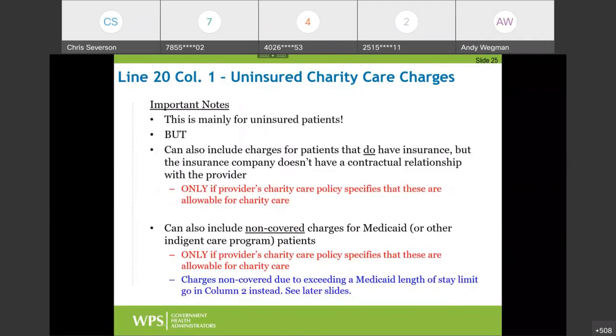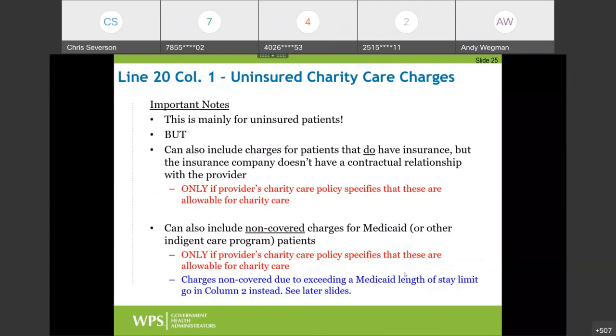And if the insurance company doesn't have a contractual relationship with the provider, for all intents and purposes, that's considered an uninsured patient because there's not going to be a deductible or co-insurance. It's only a charge. But as I said, your policy has to specify that you allow that. Non-covered charges for Medicaid are allowable as long as your provider charity care policy says it.